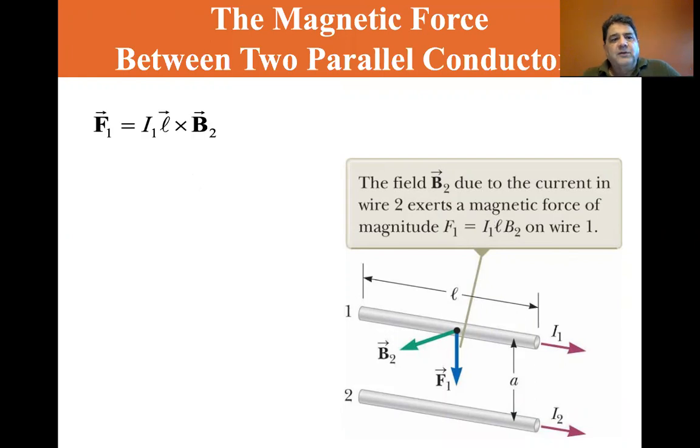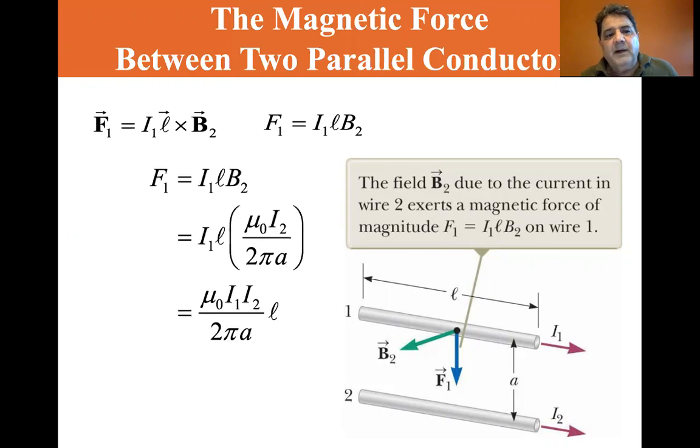Since L cross B is at 90 degrees, it's I1 L B sine theta, and sine of 90 is equal to 1. So the force is equal to I1 L B2.